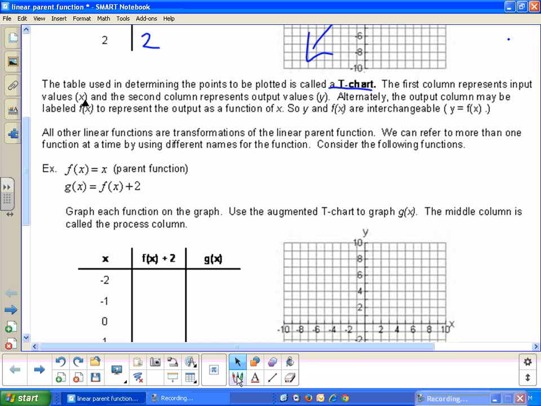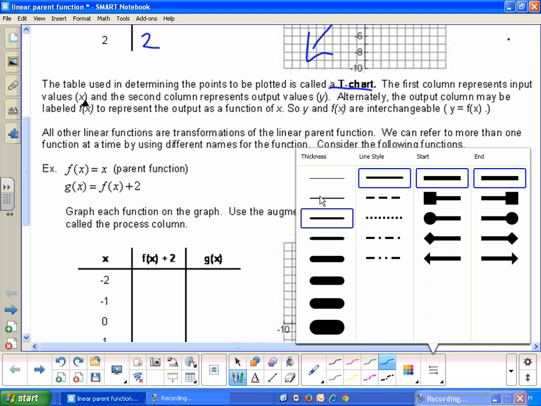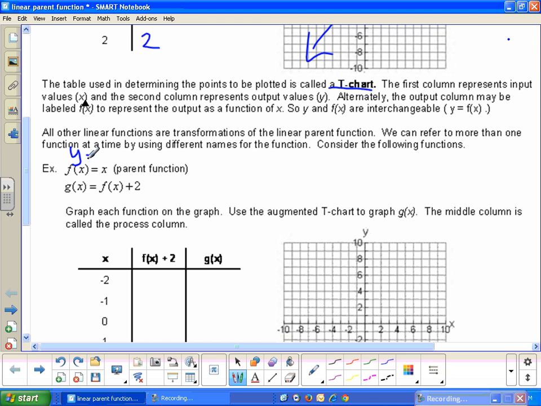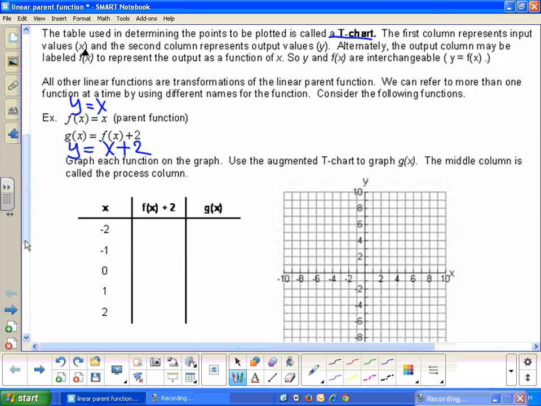If this is our parent function, and remember this can be f of x is the same as y, we want to compare this other function to it. So underneath here, y equals f of x is always just our x plus 2. So I'm going to start with my parent function. Put it on your graph. Same as above. Right line.